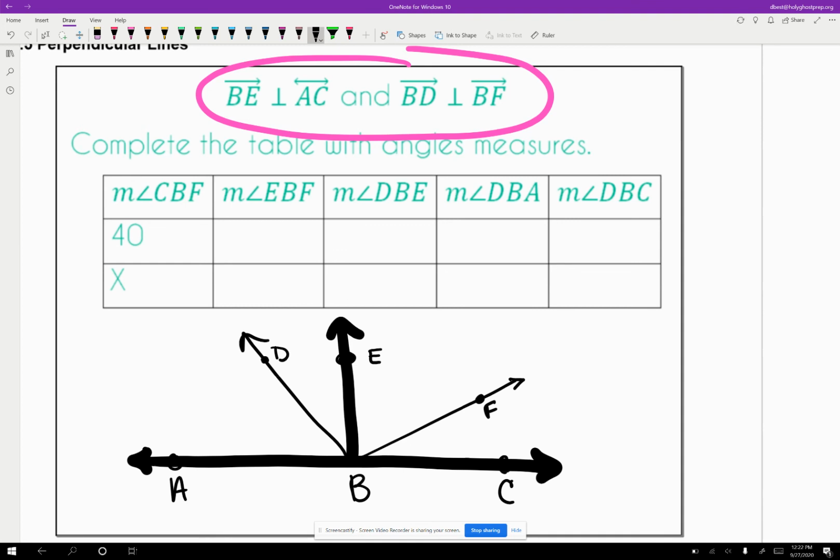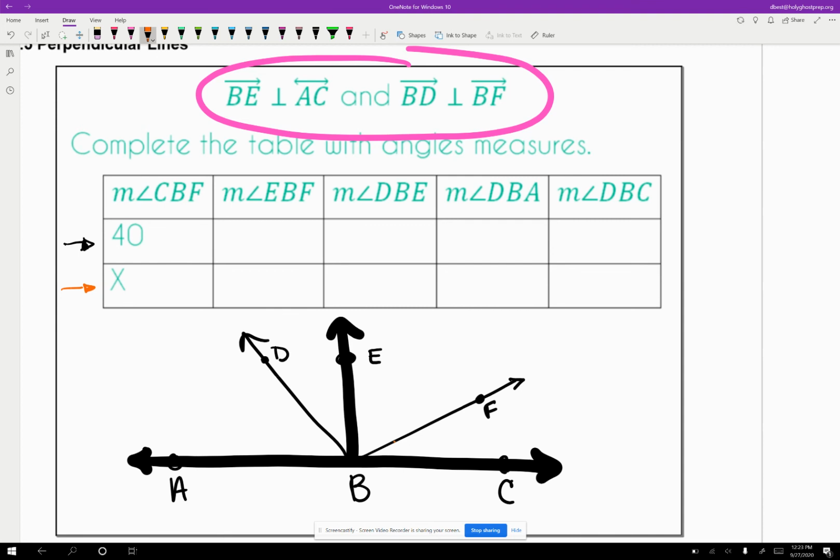So in the first row going across, your angle measures are all going to have a numerical answer working from the 40. In your second row of answers, these are going to look more like expressions. So for example, I'm going to do CBF.